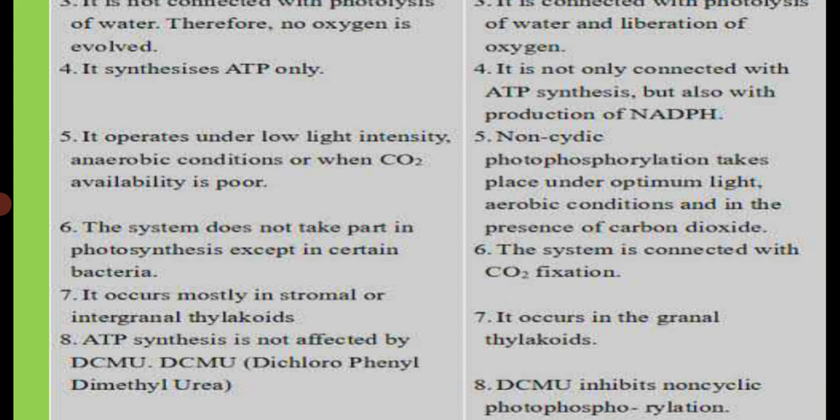Cyclic photophosphorylation does not take part in photosynthesis except in certain bacteria, for example purple sulfur bacteria and non-purple sulfur bacteria. The non-cyclic photophosphorylation system is connected with CO2 fixation.